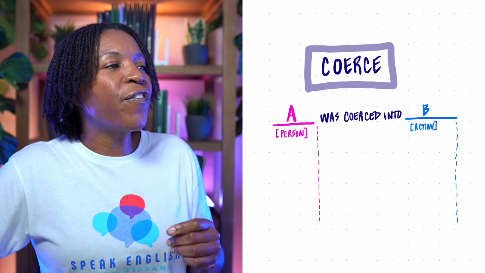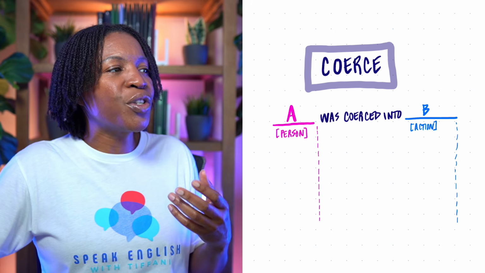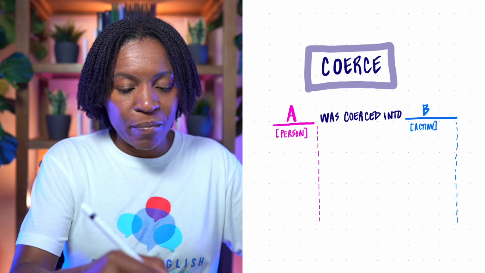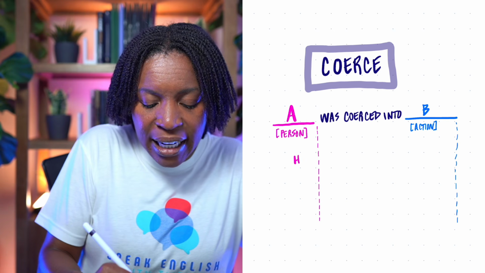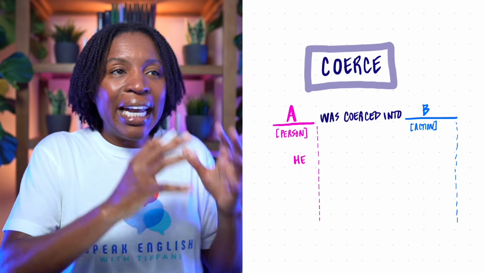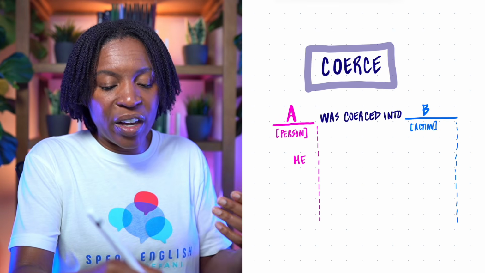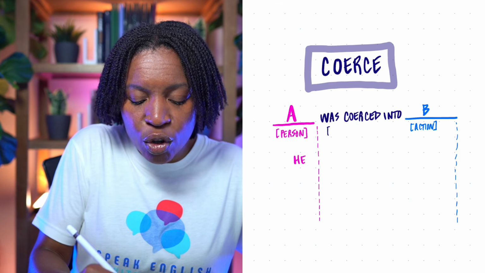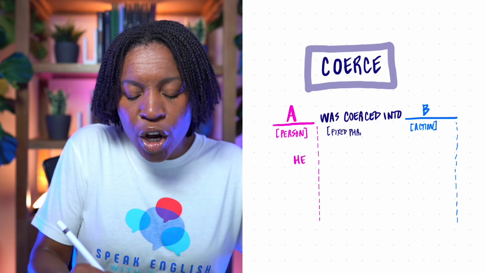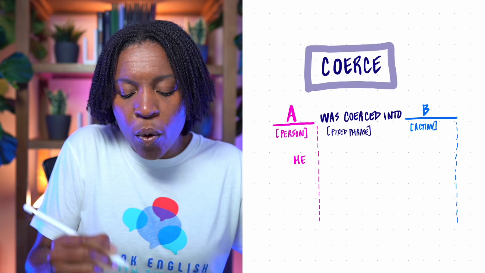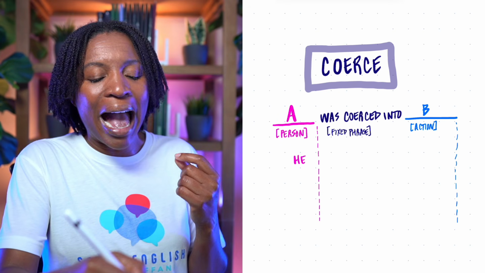So here's the first example. For the person, let's say he. So let's write he for letter A for our first example sentence. He was coerced into, and was coerced into is our fixed phrase. And what's the action?